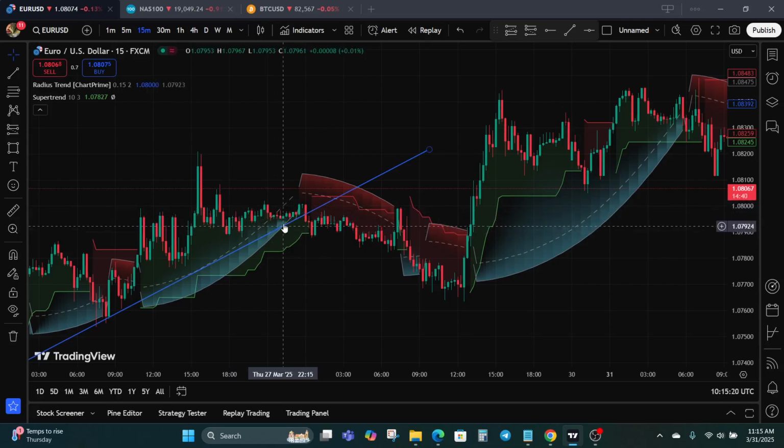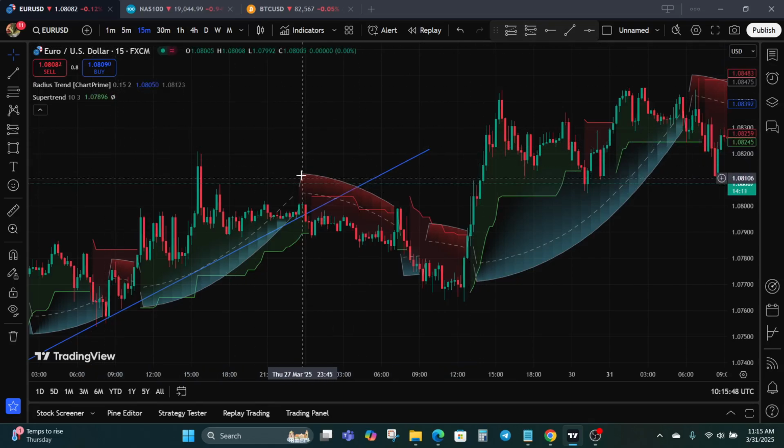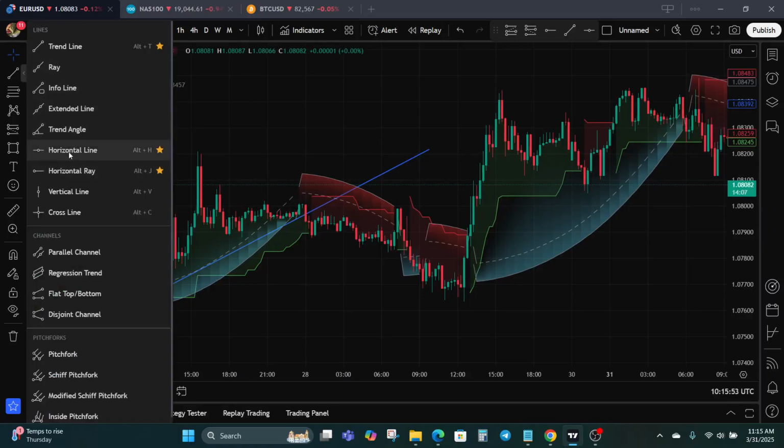Can you see that the curve ended around here? So if you are in a buy trade, you should be exiting around here, and you should look no further for buy opportunities. In that case the radius trend was swifter in identifying the end of a trend and the beginning of a new trend, because the radius trend indicator gave a sell signal right around this particular point.